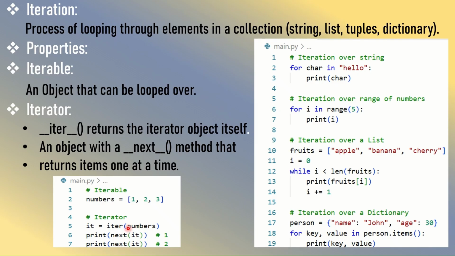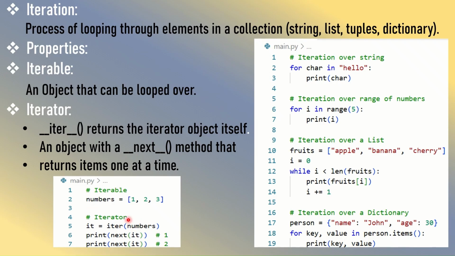This all happens behind the scenes. The Python compiler does all these things behind the scenes. So first it will create the iterator object by passing that iterable list, and then it will fetch the items one at a time with the help of the next method by passing this iterator object.